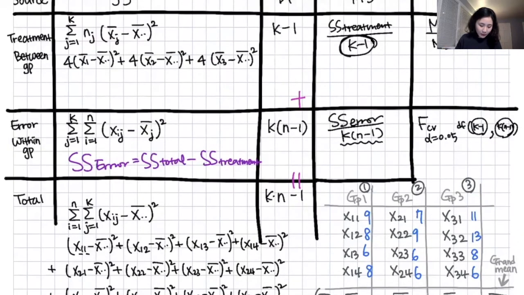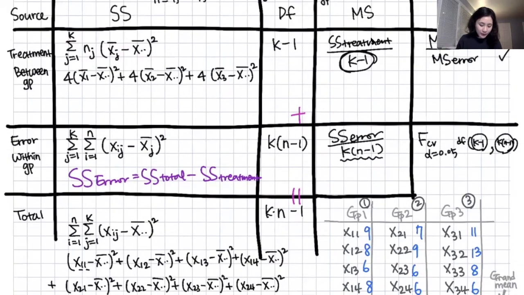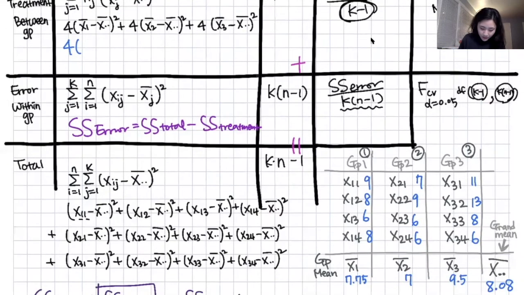So I need to calculate the sum of squares treatment first. There are 4 subjects in the first group, so 4 times the first group mean 7.75 minus the grand mean 8.08, squared. The second group consists of 4 test takers: 4 times 7 minus 8.08 squared.